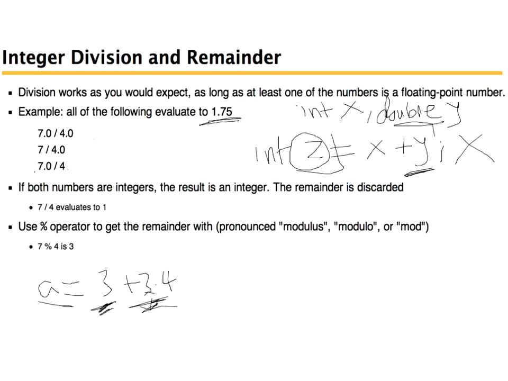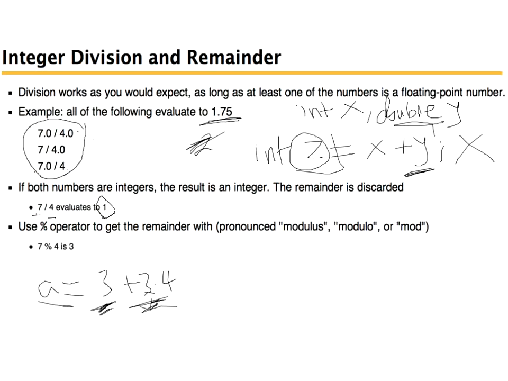Now we saw how we can divide two numbers of different types. Now, what if we divide an integer by an integer? So if you have 7 divided by 4, what will the answer be? The answer will be an integer, okay? And it will not round the number, so it will not make the answer 2.